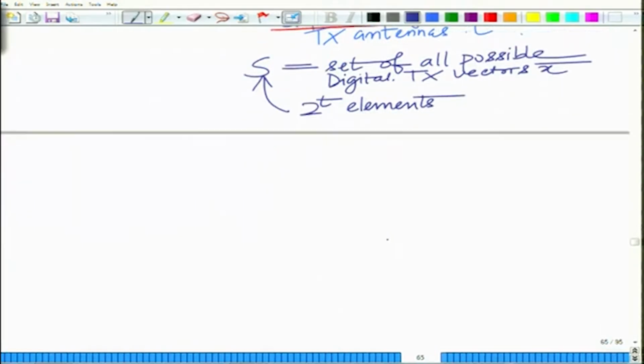The problem is at the receiver, once you receive y, we have to find the vector x bar that has been transmitted.